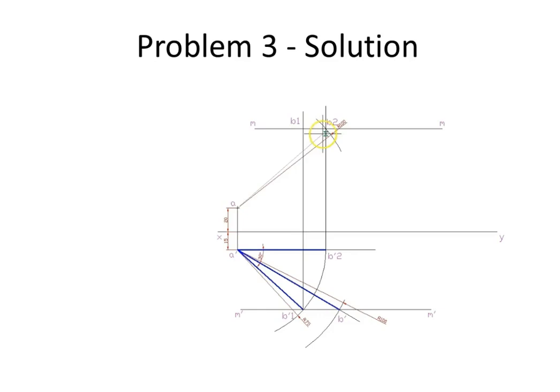So we can directly project B1 dash to the other side of the XY line, and if you have the other point A, you can simply join A and B1 to get the other view. This is something you have to keep in mind as part of the construction technique.